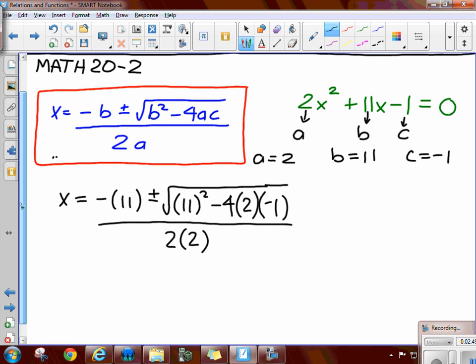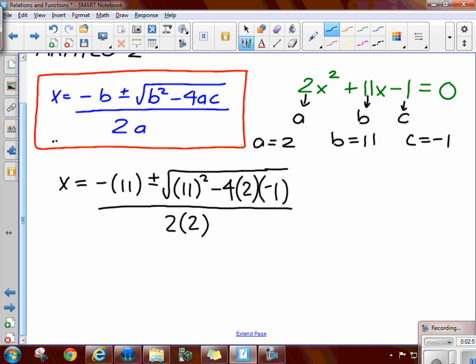Now it's just a matter of using some algebra to figure this out, just some normal skills calculations. So the first part, -11, well, that just turns out to be -11, plus or minus the square root of 11 squared, which is 121. And now we look at these three multiplications here. We're saying -4 times 2, that's -8, times a -1, well, that's +8.